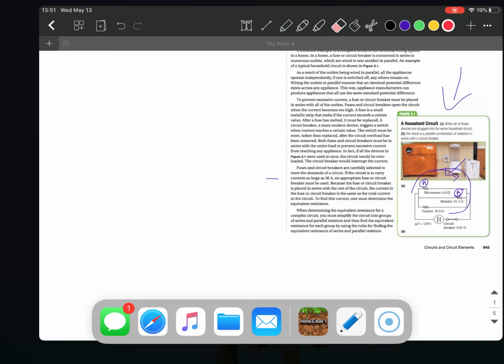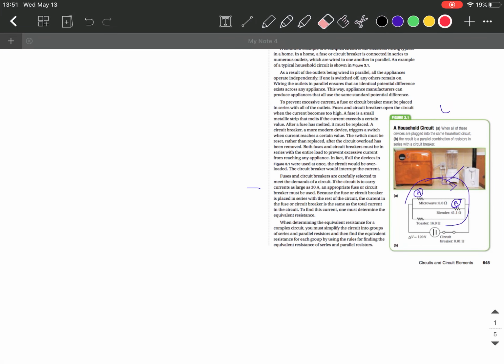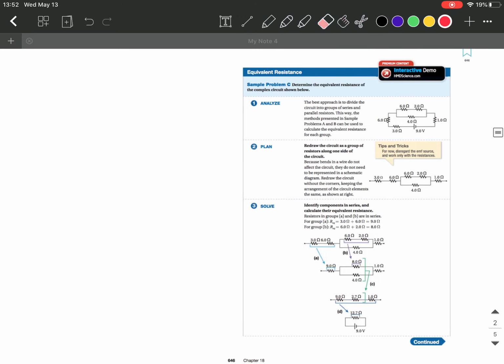Let me do an additional example so that we're ready to do some exercises in class today. So the examples in your book, let's do this one, which is quite more complex. Okay, so we're going to be doing some building up examples today. So with this topic, it's very important that you build up.